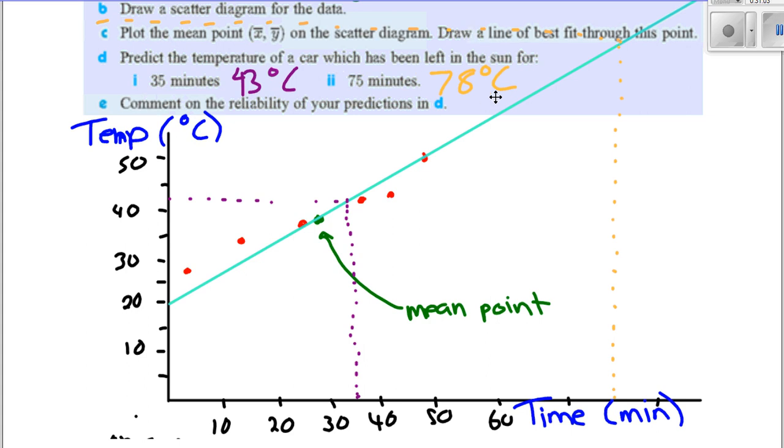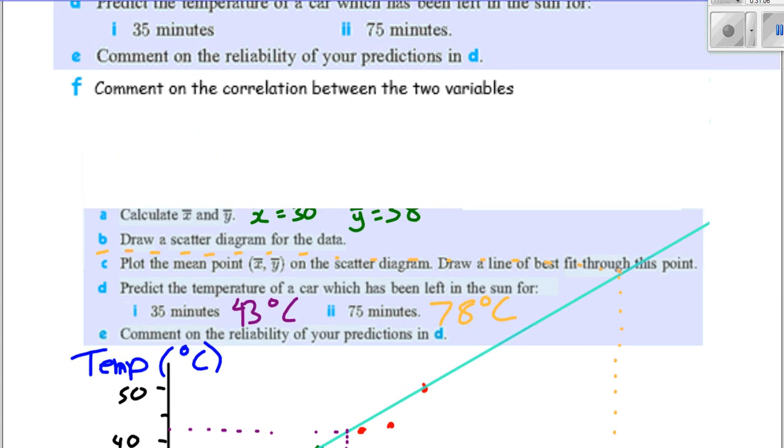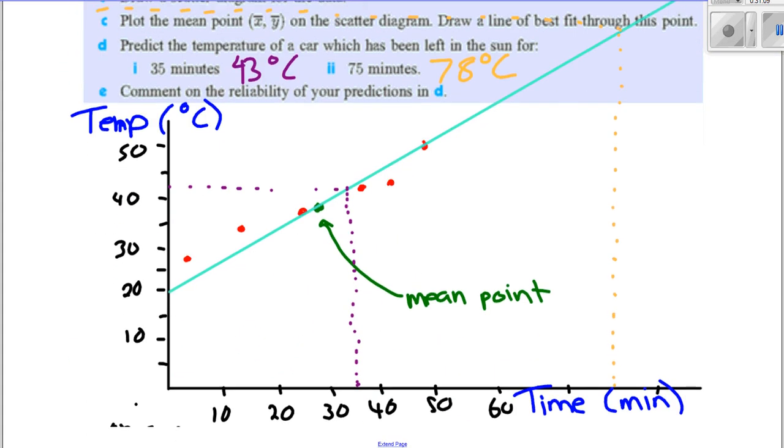And then you're asked to comment on the reliability of your predictions in D. So one of these was an interpolation and one of them was an extrapolation. Which one was which?